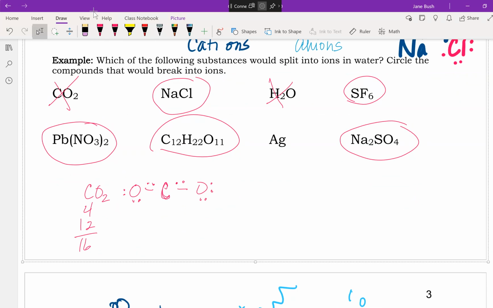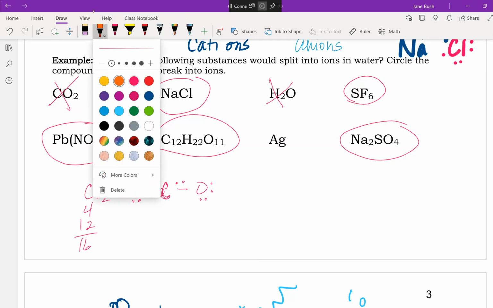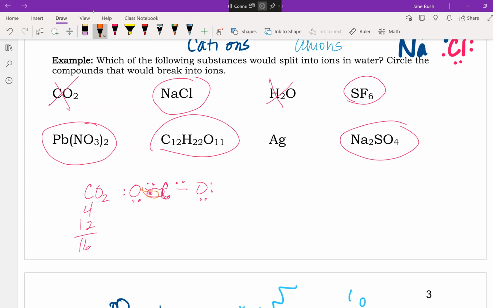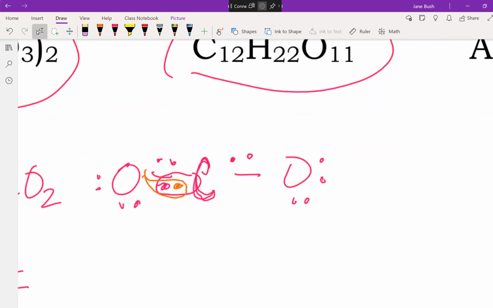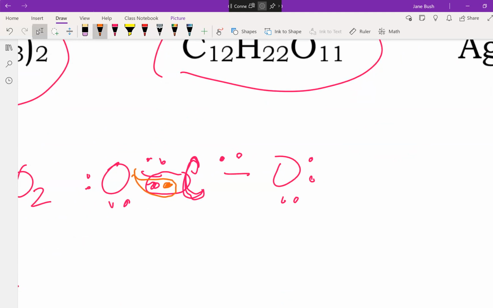Now what's really happening in a bond is that carbon has an electron in its orbital, and oxygen has an electron that overlaps in its orbital, and so you end up with overlapping electrons. And that's what a bond is. Is that going to be something that's attracted to water, to a positive and a negative? No, there's not any positive or negative part of it. So that's why they don't ionize.